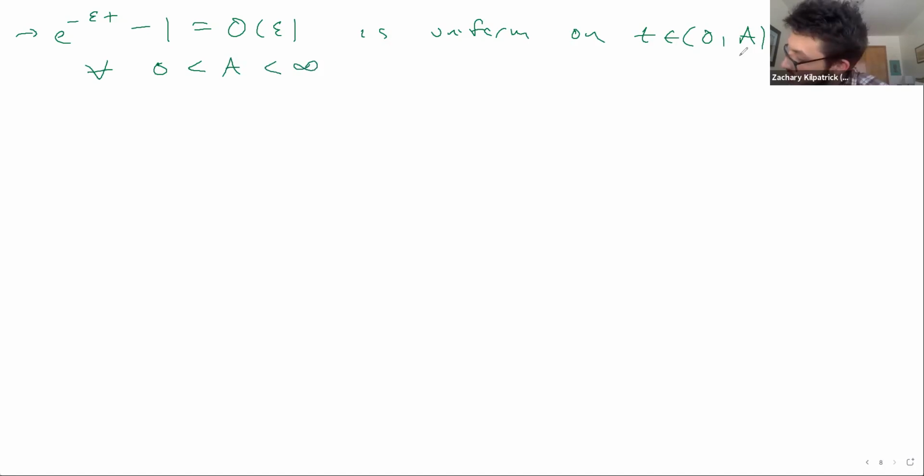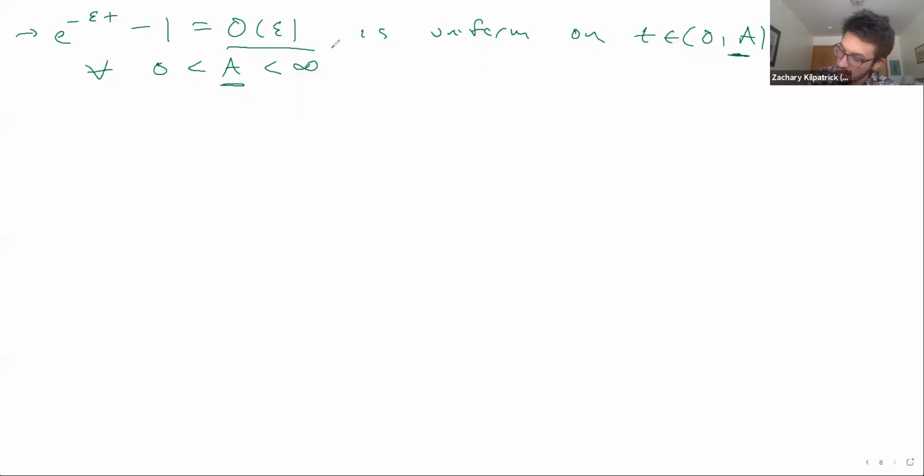So as long as I restrict the upper bounds to be something that's not just an open interval going all the way out to infinity, then I can always say, well, I could push t all the way up to just below the boundary of this region, right? Up to just below a. And I know that then I can take my limit, epsilon goes to 0, and I will shrink down terms in my Taylor series and get something that's big O of epsilon in that case. Okay.